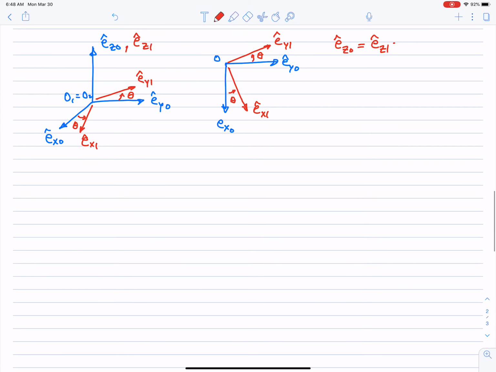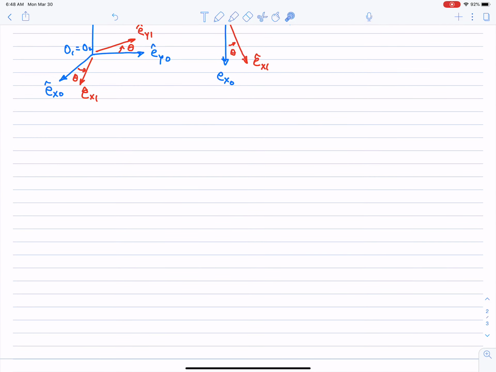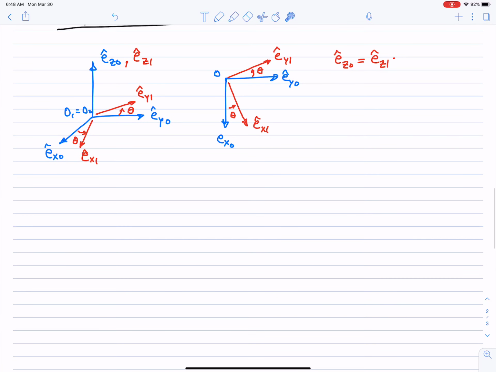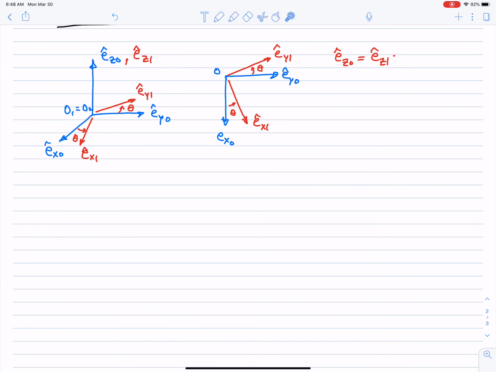Okay, now what is the relationship between EX1, EY1, and EX0, EY0? And that we can determine by just trigonometry, classical high school trigonometry essentially, or vector calculus. Okay, now let us write.